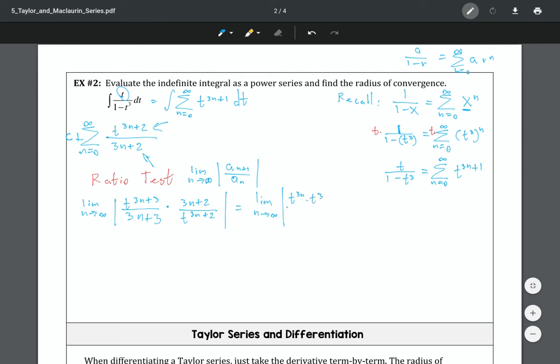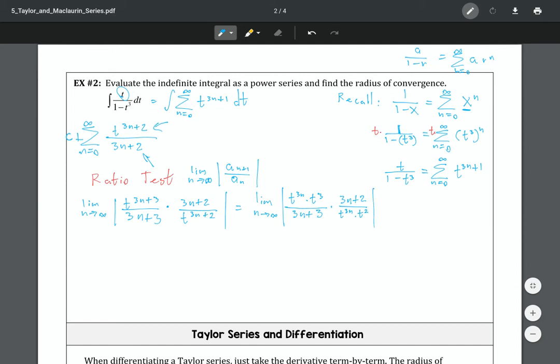That's about the only thing you can do with that. And then there's really nothing I can do with 3n plus 3. I guess I can factor out a 3, but trust me when I say that it's not going to help you. And then this right here is 3n plus 2, so nothing can be done there. And this is t to the 3n times t squared.